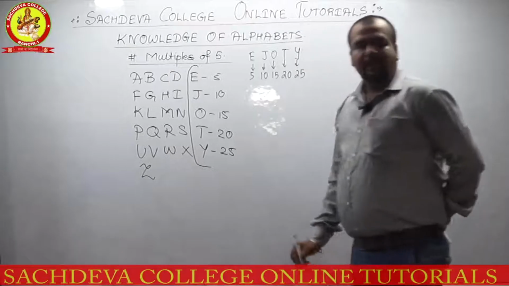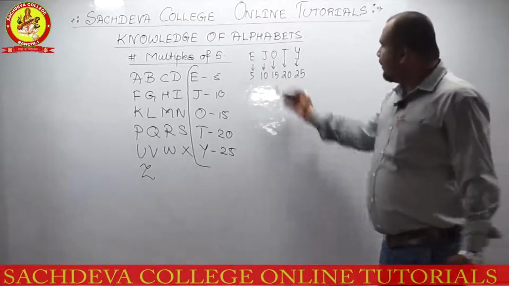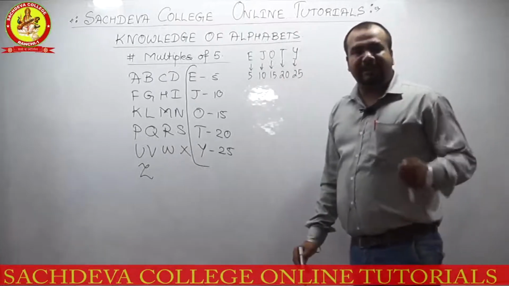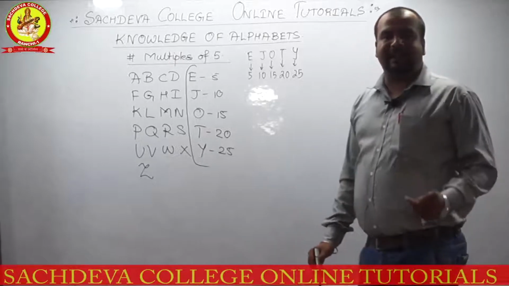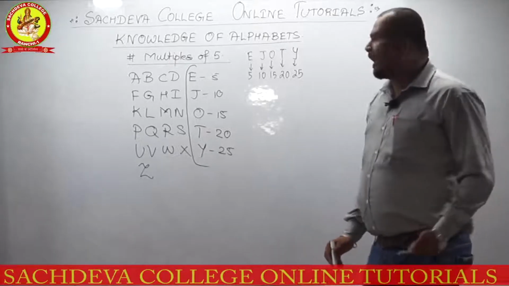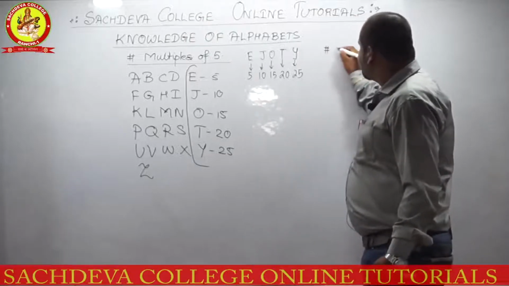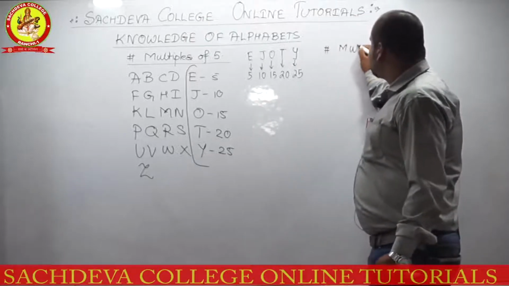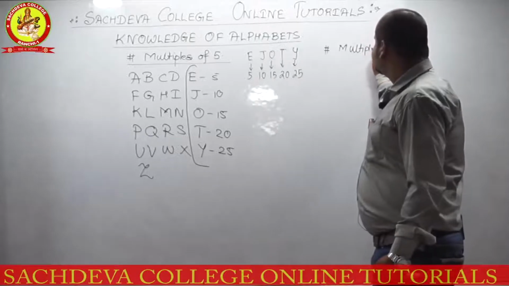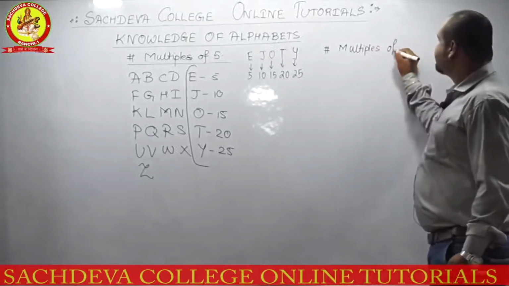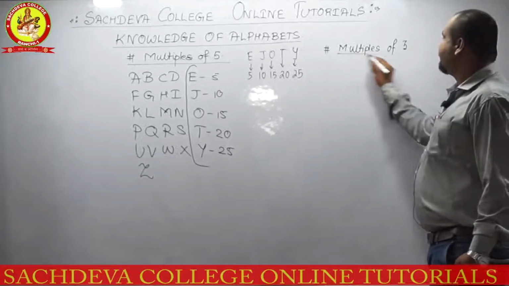Yes or no? But while we have EJOTY, we are not able to just see an alphabet and recognize its place value. So for that, we make it much more concise. That is multiples of 3.